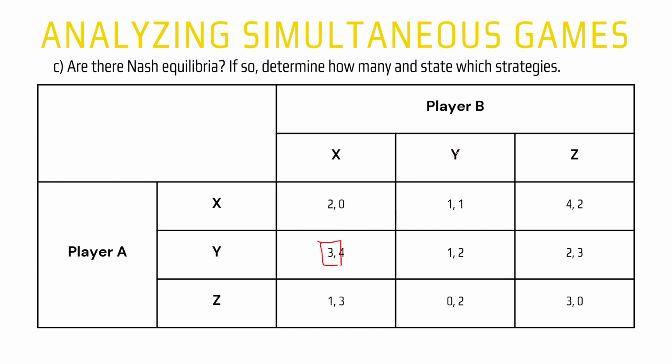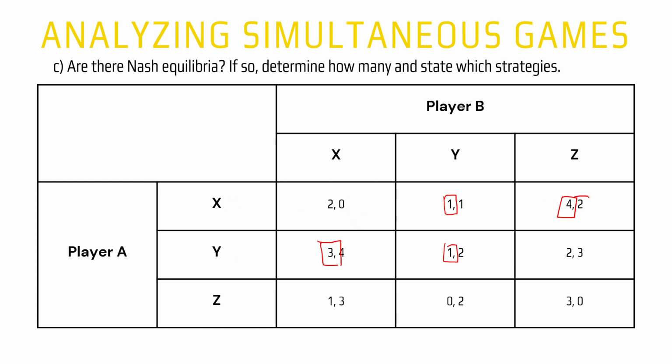But what about strategy Y? Player A could either get 1, 1, or 0. So we will box both ones. Lastly, for strategy Z, the best one is 4, since it is greater than 2 and greater than 3. Now, let's consider player B. If player A chooses strategy X, player B could either get 0, 1, or 2.